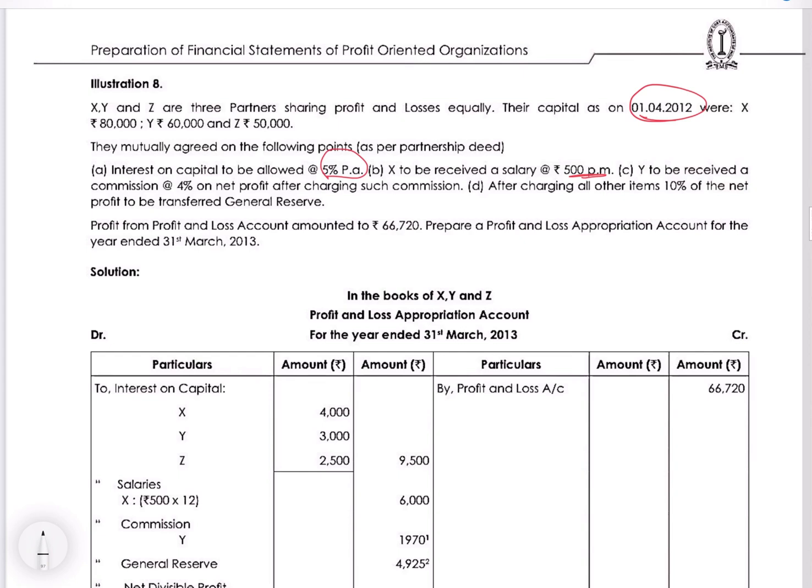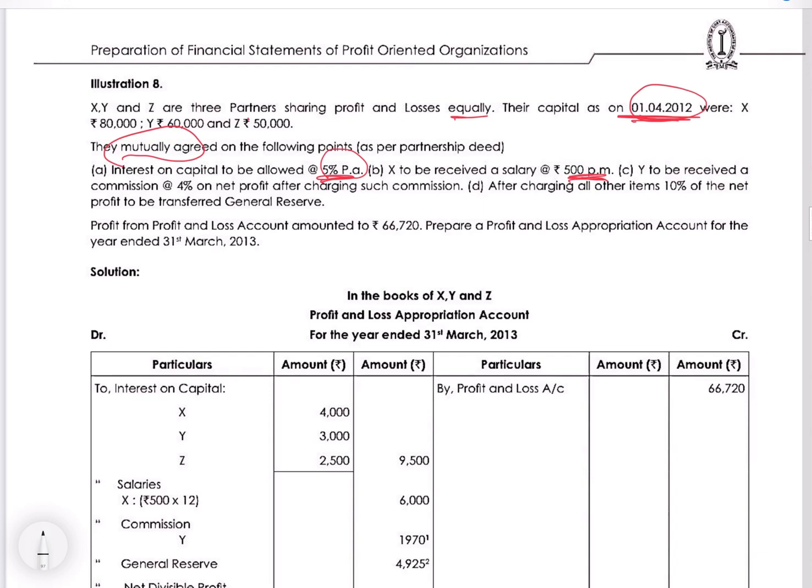X, Y and Z are three partners sharing profits and losses equally. Their capitals as on 1st April 2012 were X 80,000, Y 60,000, Z 50,000. They mutually agreed on the following points as per the partnership deed. Interest on capital to be allowed at 5% per annum. X to receive a salary of 500 per month.